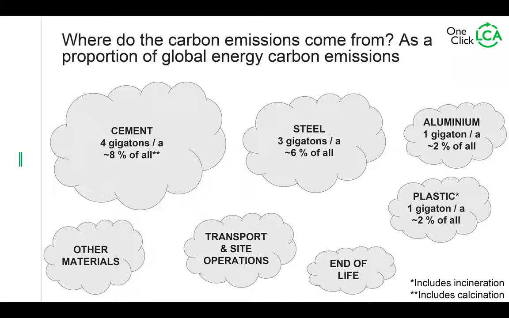And then on top of this, you do obviously have other materials requiring energy and having process emissions, transport and site operations, refrigerant leakage, and the end-of-life processing of construction materials. So there's quite a lot, but the biggest sources indeed are clearly cement and steel.